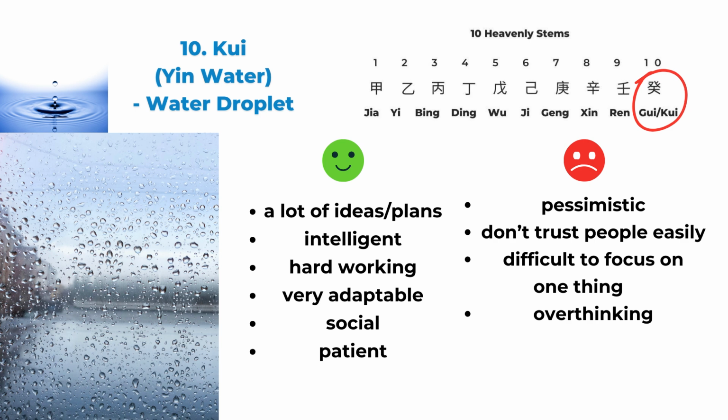And for the negative side, you can be pessimistic and you don't trust people easily. And just like the yang water, you also have problem focusing on one thing because of your diverse interest. And you tend to overthink. So the lesson for you is to focus on the important things and not worrying too much about details.